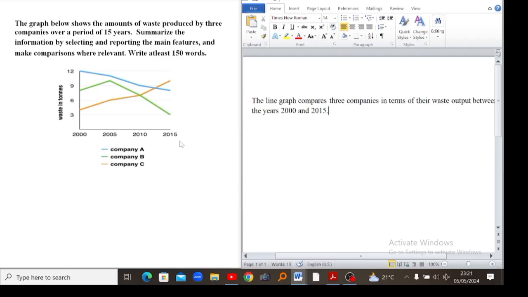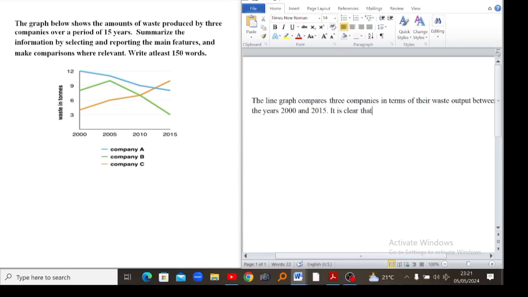So after writing this title, it will also include what we call the overview. So here we could say it is clear that, or you can say overall, it is clear that, it is noticeable that.